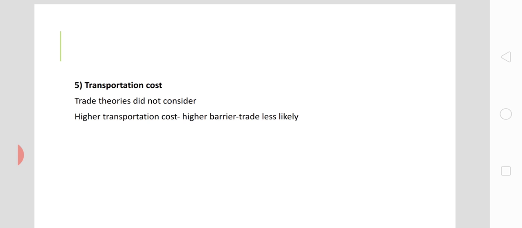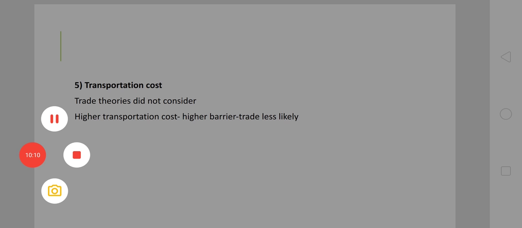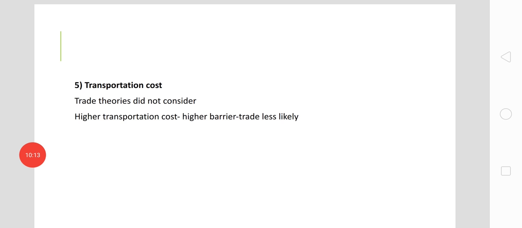Similarly, China and the US have also been major trade partners. China has been exporting commodities to the United States. So transportation cost is not the only factor, it is one of the factors.